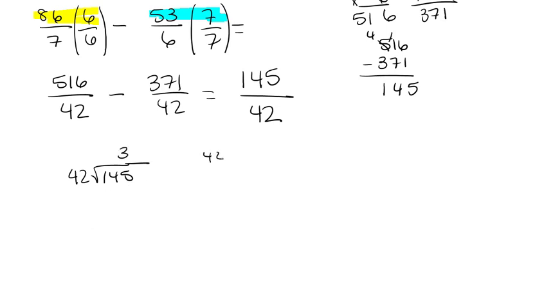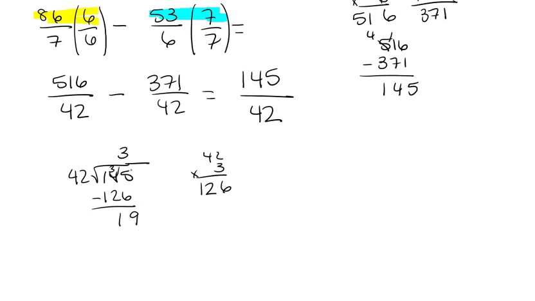So 42 times 3, 2 times 3 is 6, 4 times 3 is 12. So 42 times 3 is 126. We go ahead and subtract. We're going to need to borrow. So that becomes a 3. This becomes 15. 15 minus 6 is equal to 9. 3 minus 2 is 1.